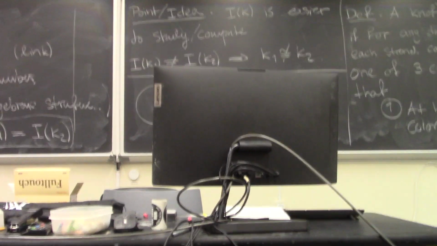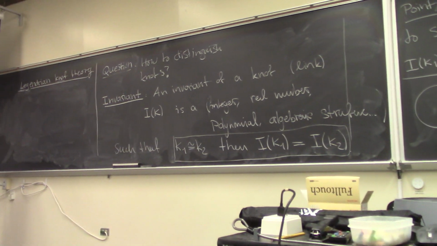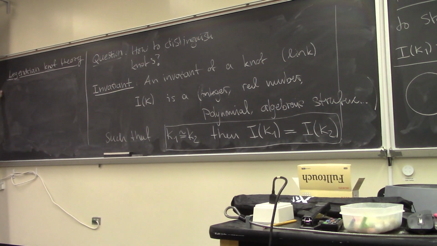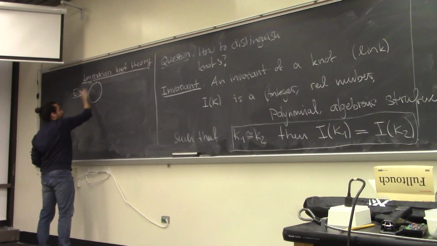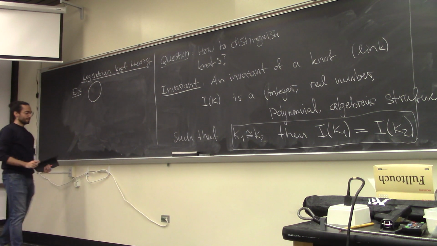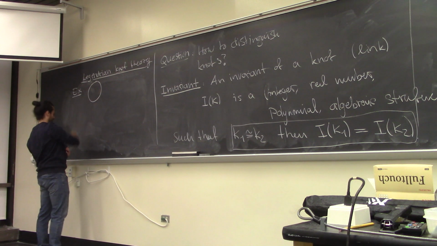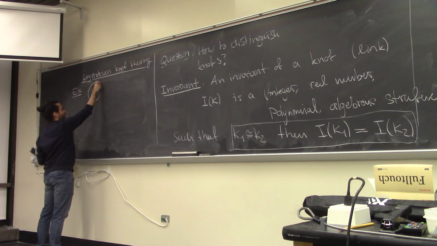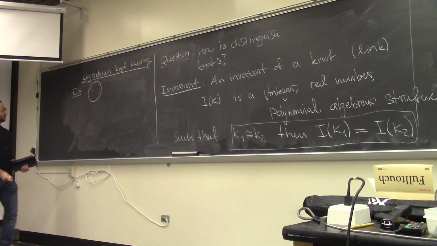So here is some example, right? The unknot is not tricolorable because there's one strand, and I did say that obviously I cannot change color in the middle of a strand.